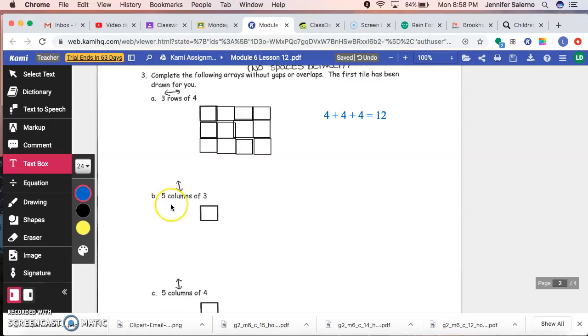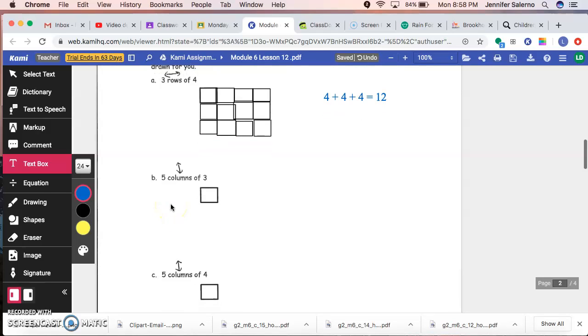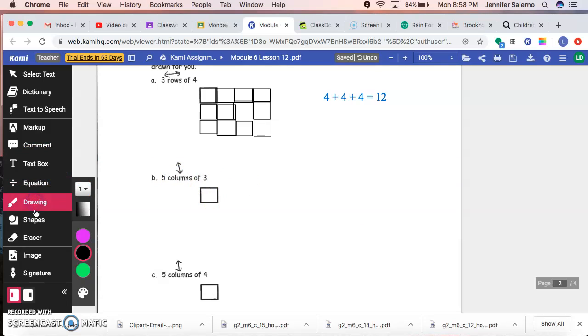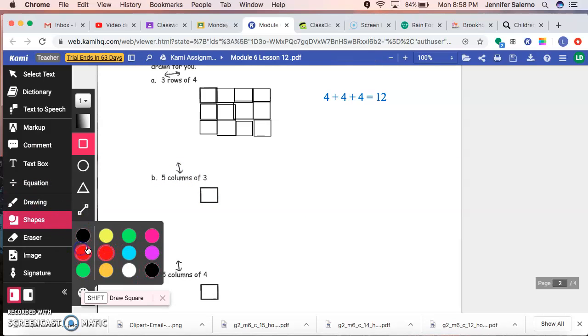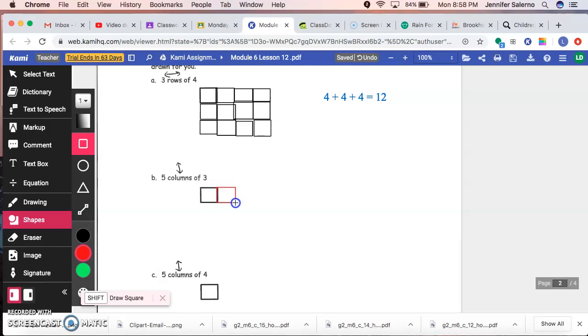And then you're going to move on to B and do the same thing. So remember that they started for you, okay? So for this one, now they want 5 columns, which are up and down, of 3. So now, when you go to do this, you're not going to be going down because that would be rows. You're now going across to make your 5 columns.